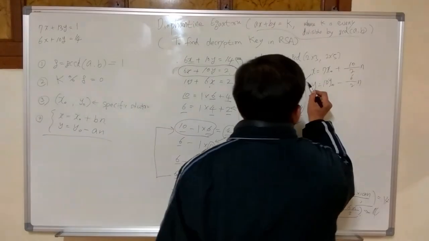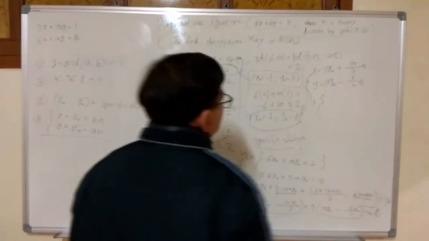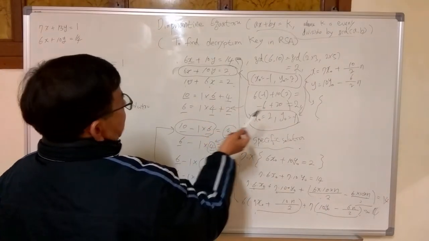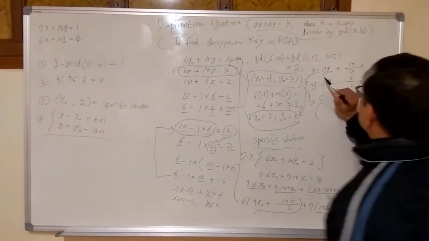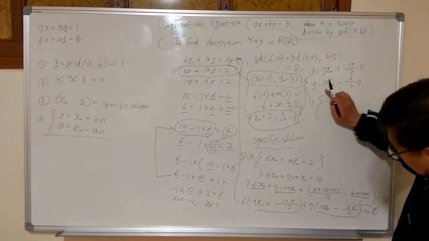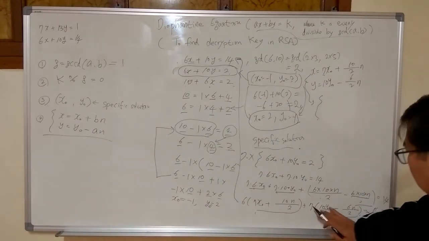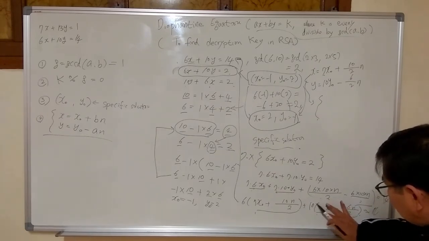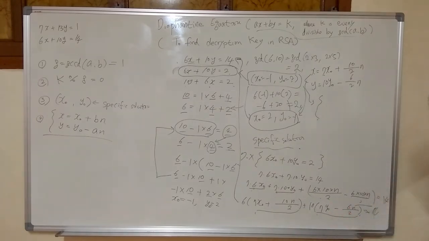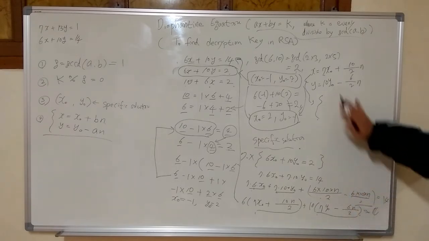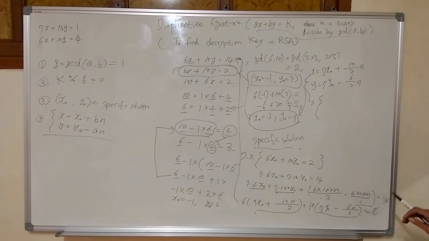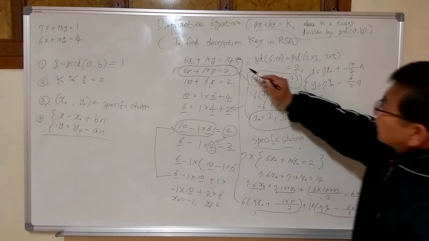If we watch it carefully here, 7 is actually, no, I made a mistake, this is not 7, this is 10. Sorry, I made a mistake. This is 7. Okay, if we watch it carefully, this is k.